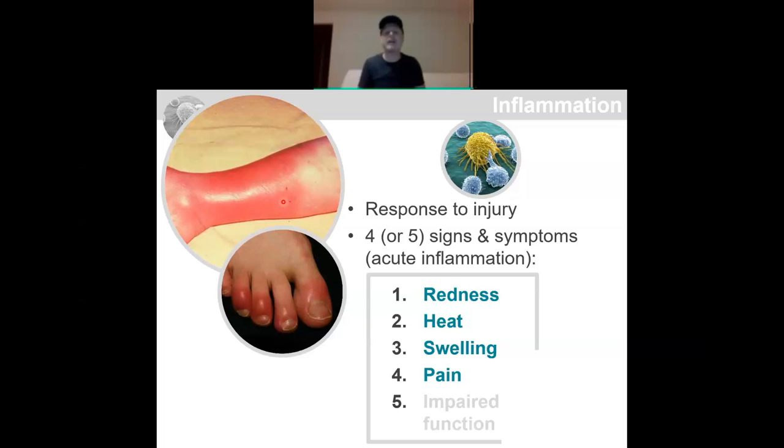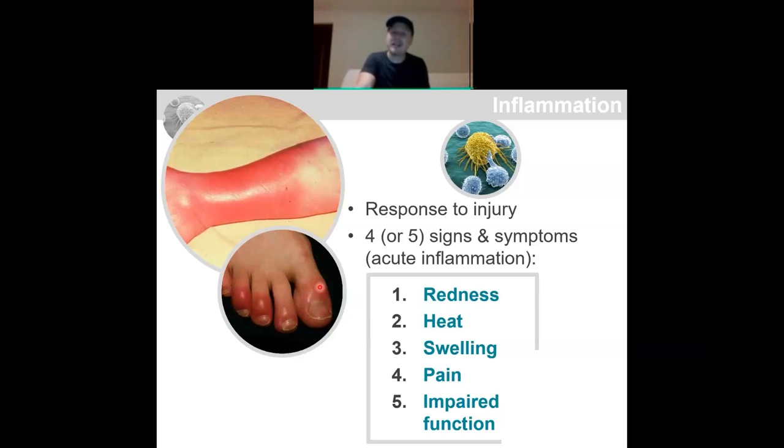We let them rest and heal. And same goes for the fifth, which is sometimes listed, sometimes not, impaired function of the area that's inflamed. Well, the idea is that let's not use that part that's inflamed. Let's let it rest. So all of these help us to heal, help us to get better.